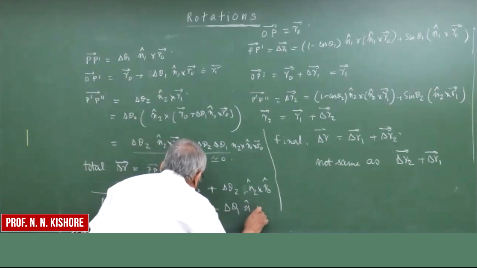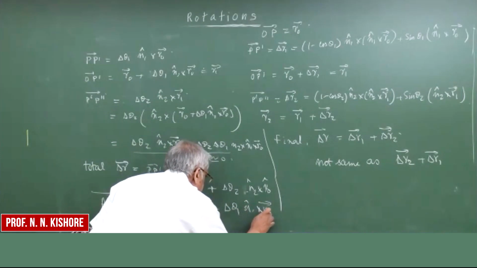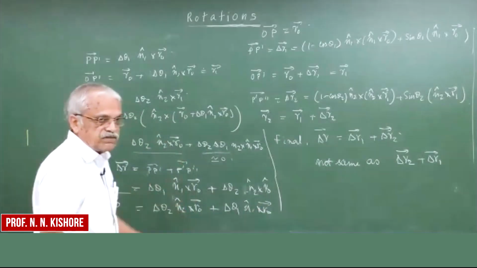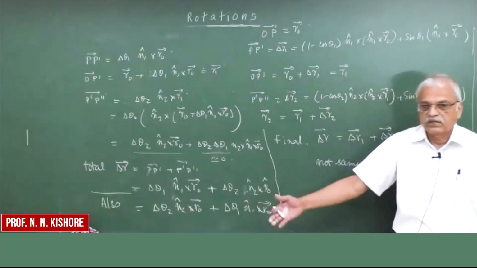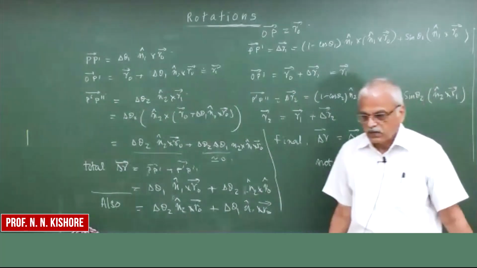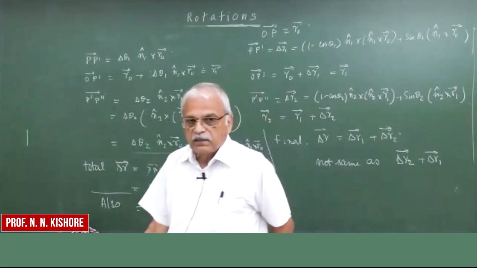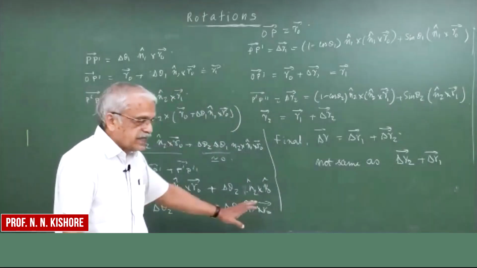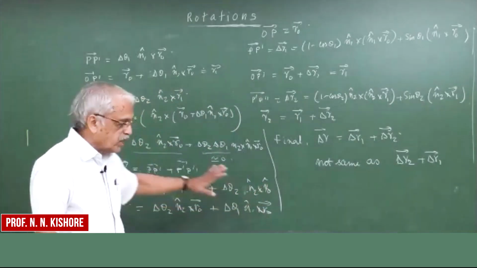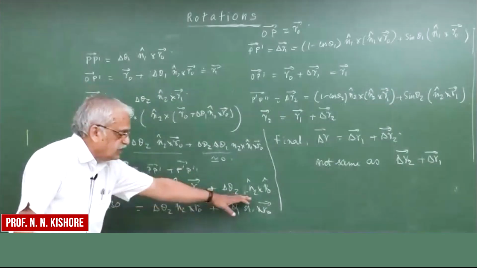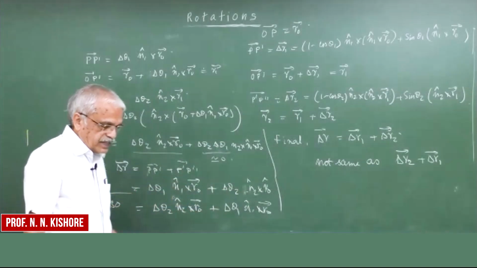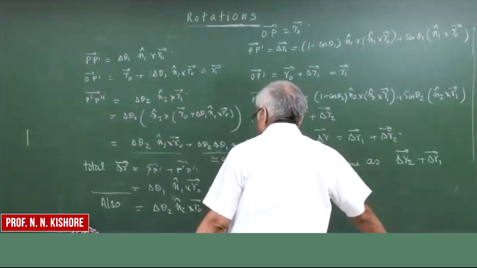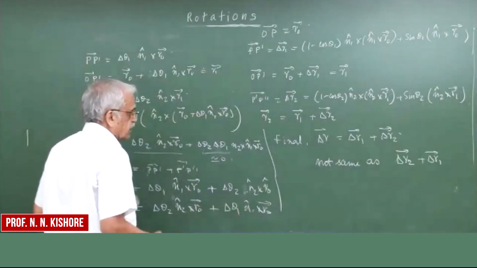So obviously you can see that this is the same as this one. Even if you change the order, the ΔR is the same, right? This is what I was trying to tell you, that when the rotation angles are small, the sequence of rotations does not matter.